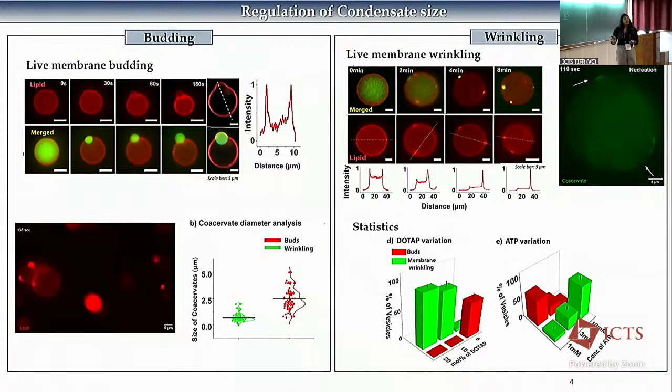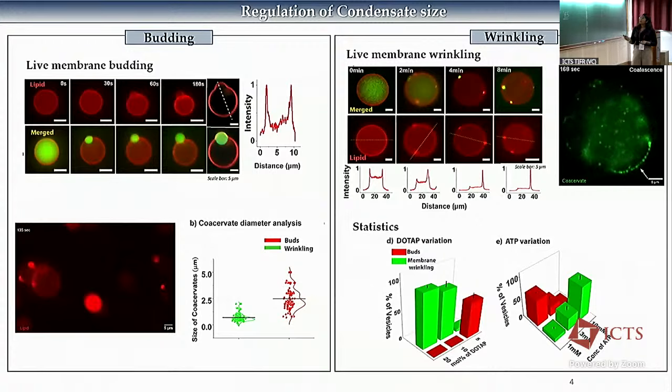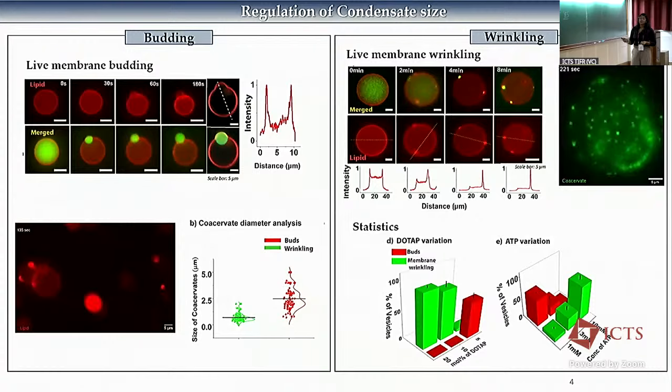We were very intrigued by this kind of reaction. If you see in this video, we see puncta-sized, very small condensates that are getting sequestered on the membrane. Even though they are in very close proximity, you don't see them fusing. We were intrigued why the sizes are getting regulated, and why we are seeing a fluorescence intensity increase at the region where they are interacting on the membrane.